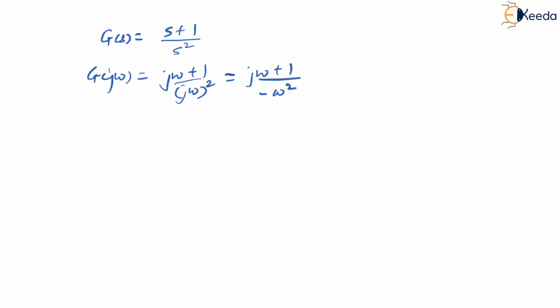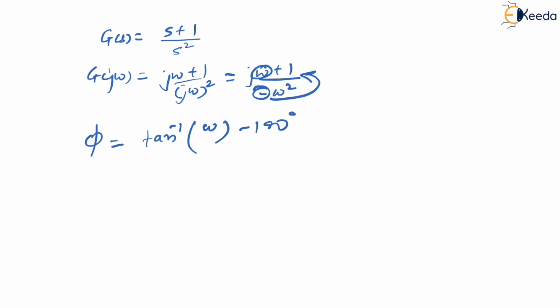Now, what is angle phi here? For the numerator you get tan inverse of imaginary part upon real part. The imaginary part is omega and the real part is 1, so it is tan inverse of omega. Now, here you have this minus sign, which means the angle is 180 degrees.